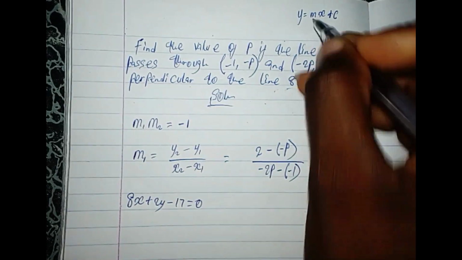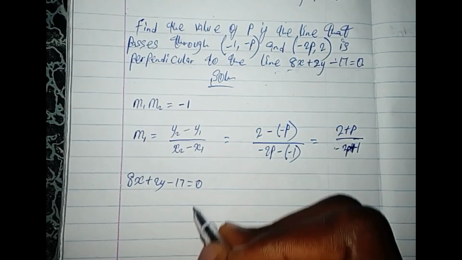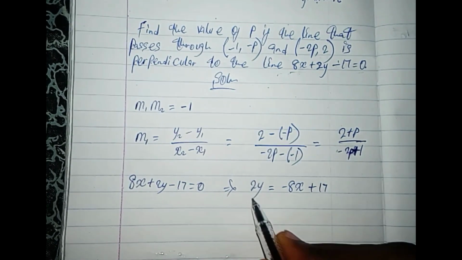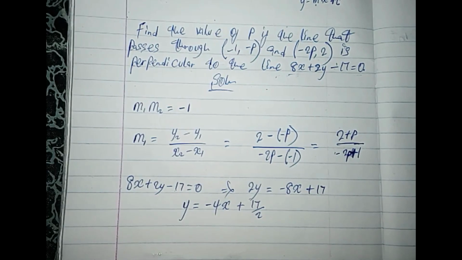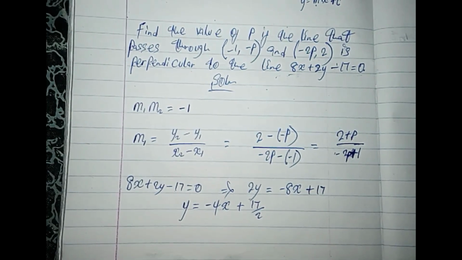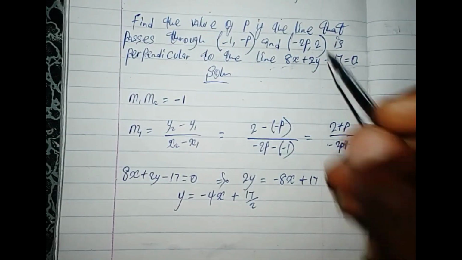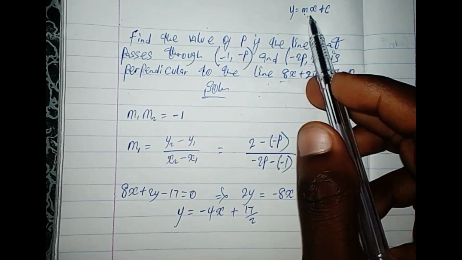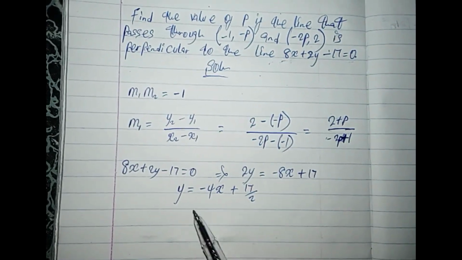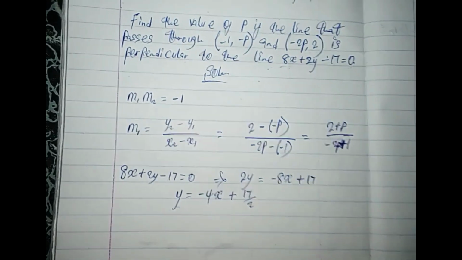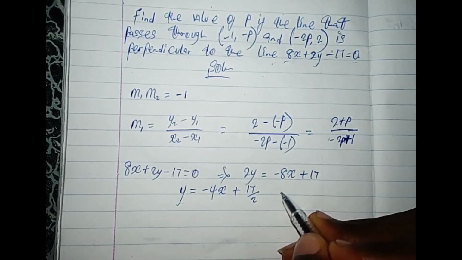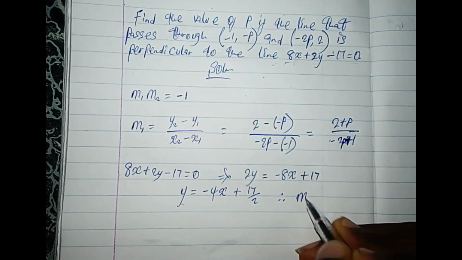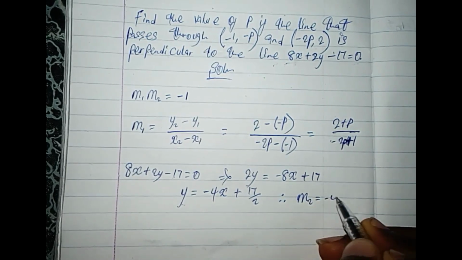So rearranging this as this, our gradient is the coefficient of x. The coefficient of x from this line is -4. So therefore our m2 should be -4.